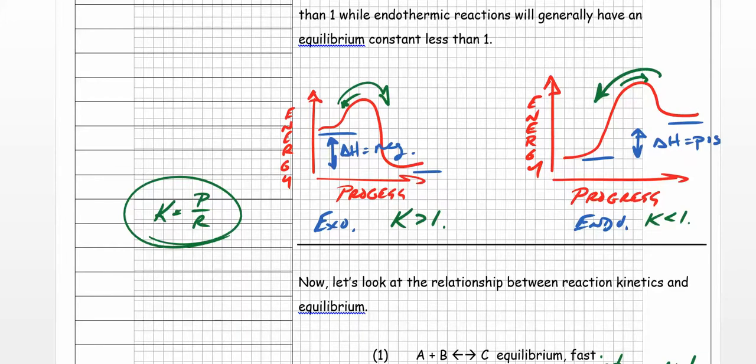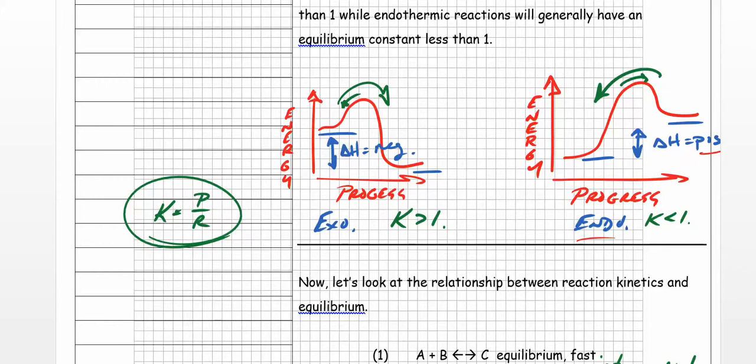For an endothermic reaction, we've got a delta H that is positive, because as we move from left to right, the reverse reaction is favored. The products are higher in potential energy than our reactants. And therefore, the reactants are going to be in higher concentration than the products. For endothermic reactions, in general, K will be less than 1.